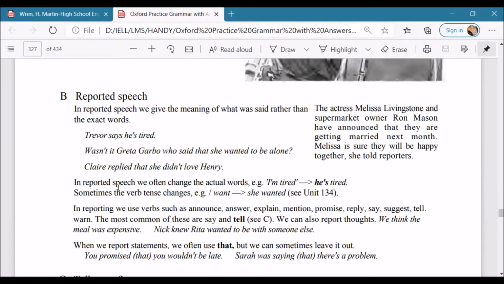Let's say I'm telling you that on 26th or 27th January. I wouldn't say that she said today is the best day of my life, because the best day of her life was 1st January.